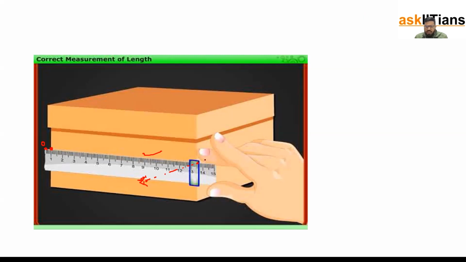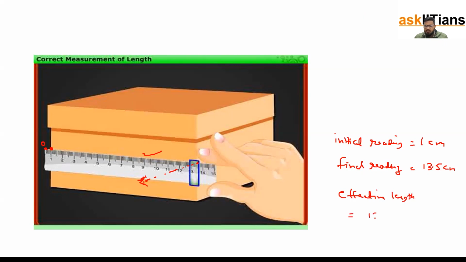The initial reading was 1 centimeter and the final reading was 13.5 centimeter. So what is the effective length? For effective length, you have to subtract both these values, that is 13.5 minus 1, which gives you 12.5 centimeter. So this is the exact length of this box you want to measure.